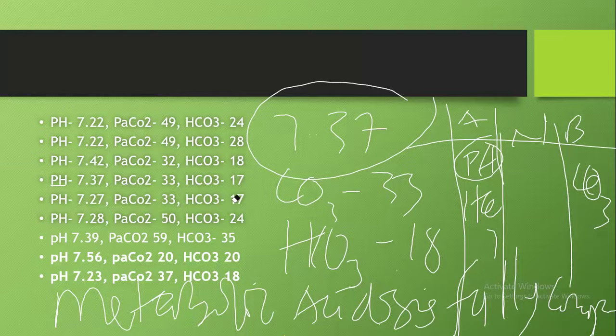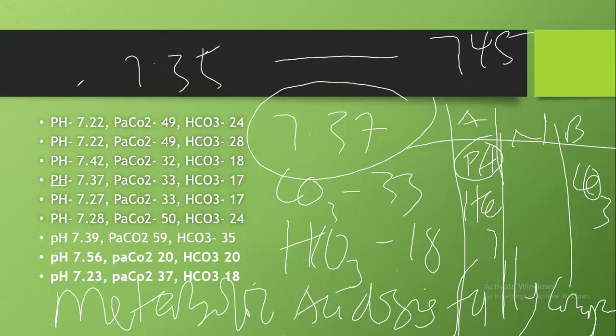Yes, so I'm saying that in partial compensation, the pH will not fall within the normal range, which is 7.35 to 7.45. If it is partial compensation, it will be either less than this or greater than this.